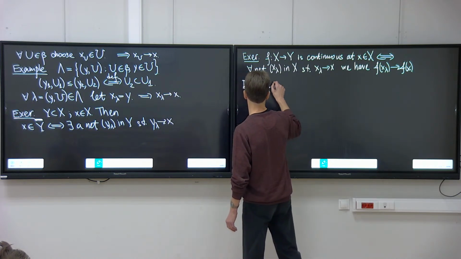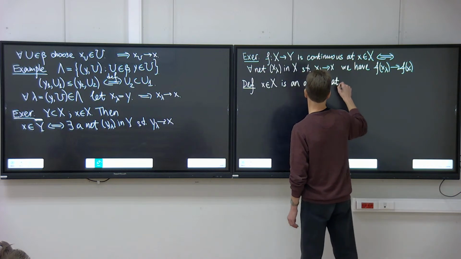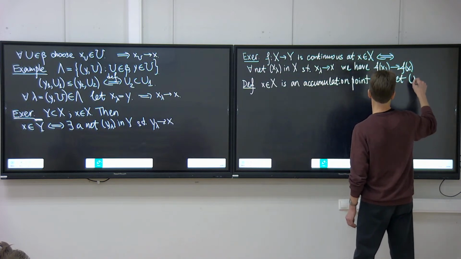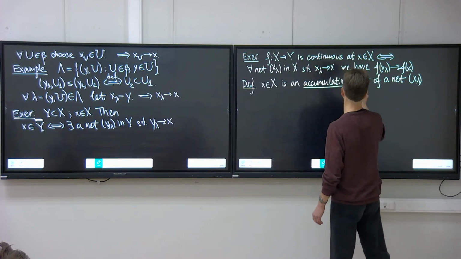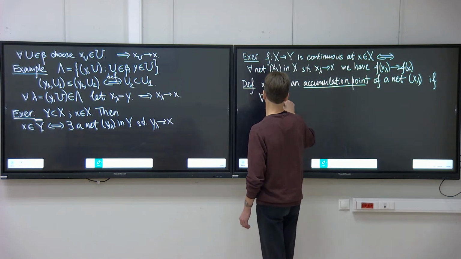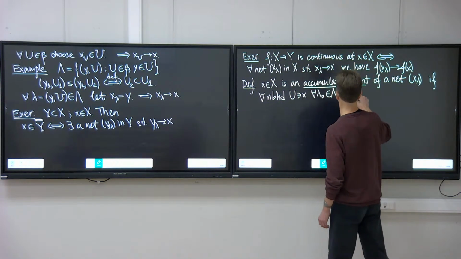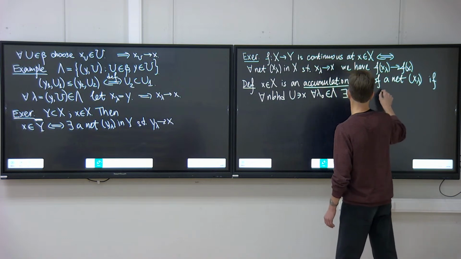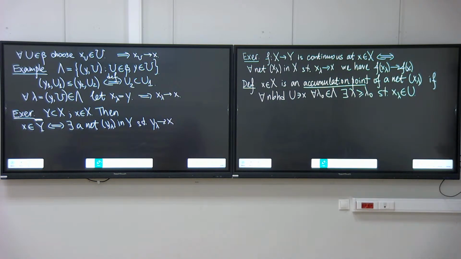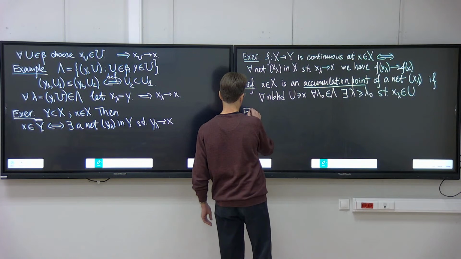We say that a point x of our space is an accumulation point of a net x_lambda if for every neighborhood U of x and for every lambda_0 in our set, there is a bigger element lambda such that x_lambda belongs to U. And we have the following exercise.